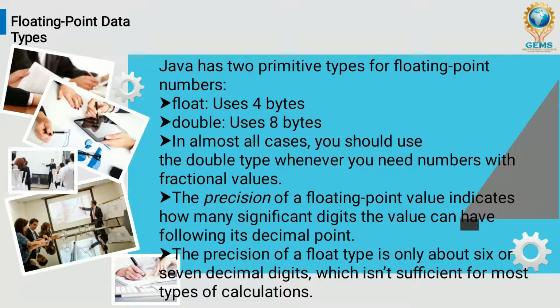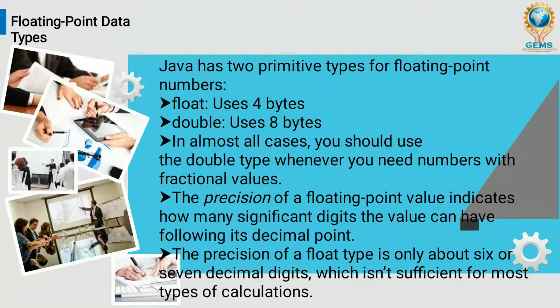In almost all cases, you should use the double type whenever you need numbers with fraction values. The precision of a floating point value indicates how many significant digits the value can have following its decimal point. The precision of a float type is only about 6 or 7 decimal digits, which isn't sufficient for most types of calculations.